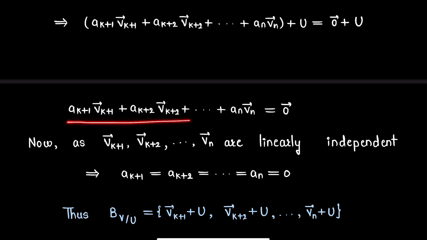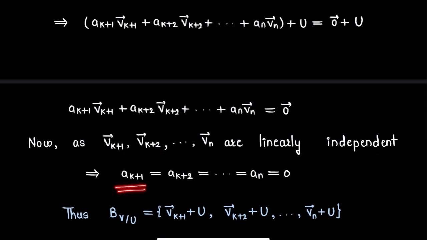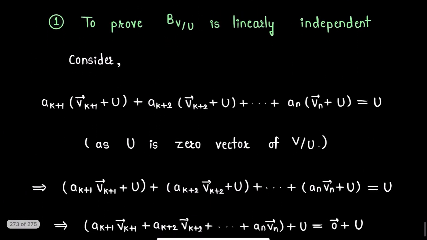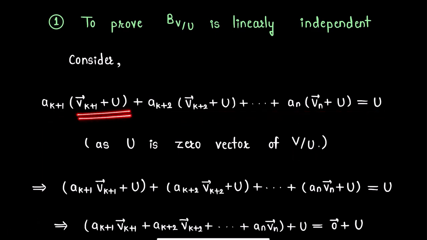And as this is the representation of 0 using these linearly independent vectors, these scalars ak+1, ak+2, up to an must be equal to 0. Now as these scalars come out to be 0, and we had considered this linear combination equal to the zero vector of the vector space V modulo U, these cosets of the vector space V modulo U must be linearly independent.